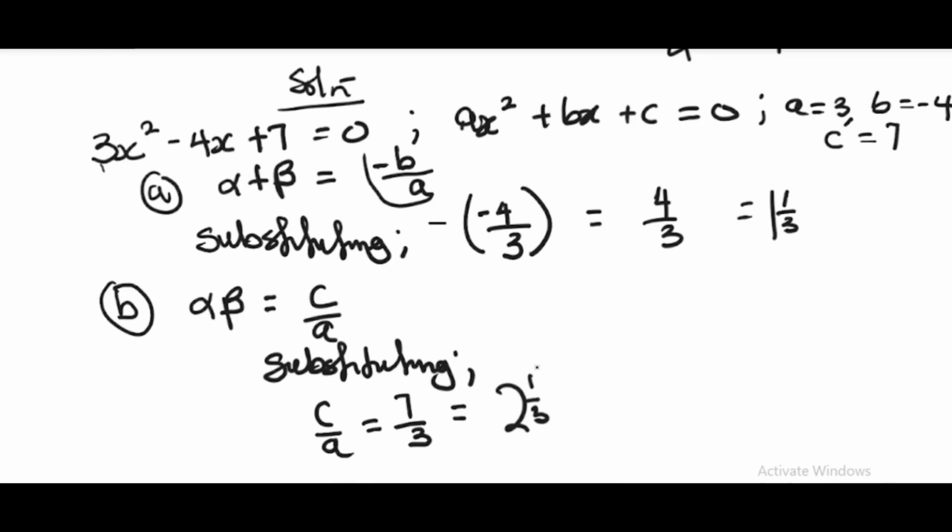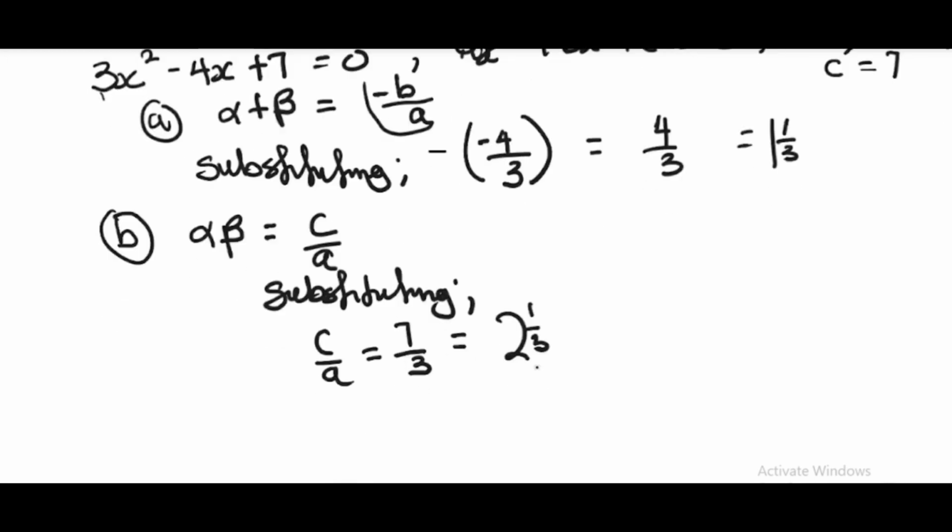Whether you are asked or not, it's a requirement for you to find whatever you have to find, because you must definitely use either alpha plus beta or alpha beta. So let's quickly get to the C question.